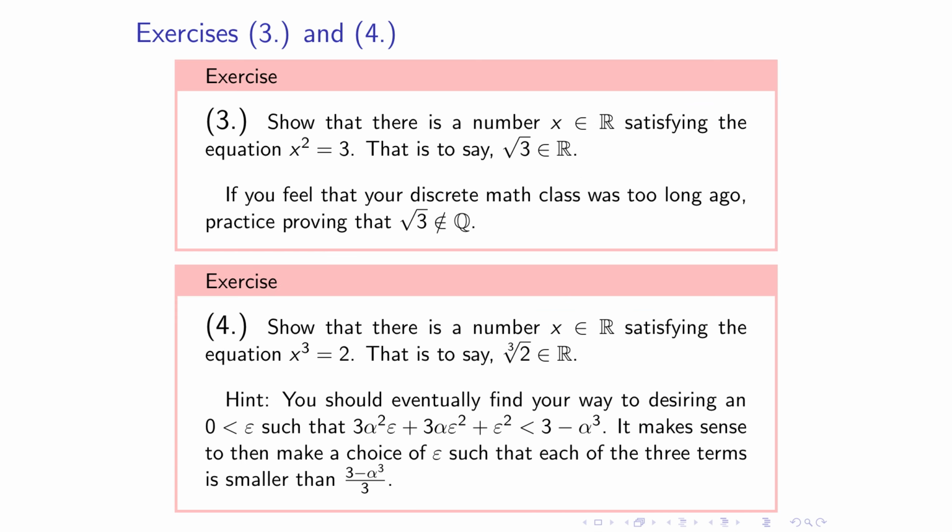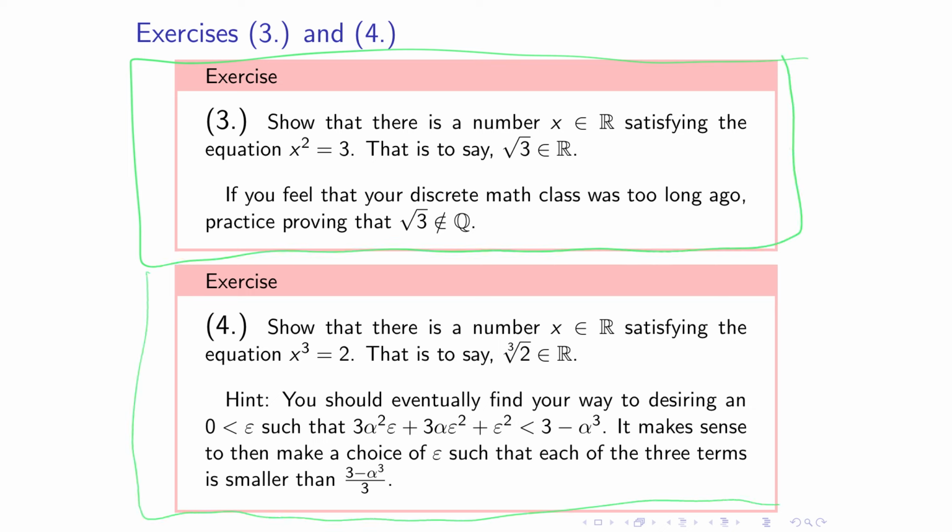But moving on to the next exercise, we will demonstrate the existence of the square root of 3. And we will also demonstrate the existence of the cube root of 2. A lot of these will go similar to previous things in lesson 6, where we demonstrated the existence of the square root of 2, or some of problem 3 you can maybe use as guidance to help you think about how to do problem 4 and so on.